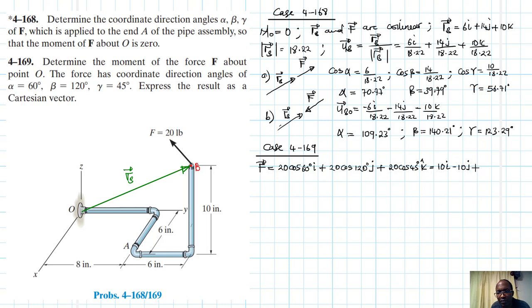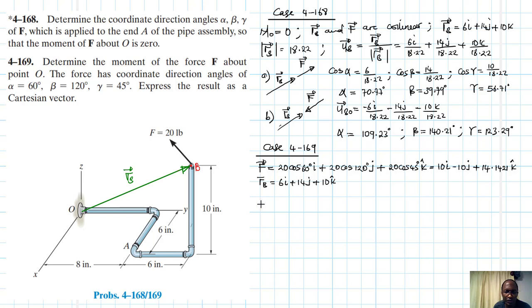And then we have 20 cos 45, which is 14.1421 k. Alright, we already have the moment arm, we already found it, but I can write it here again. It's just 6i plus 14j plus 10k.